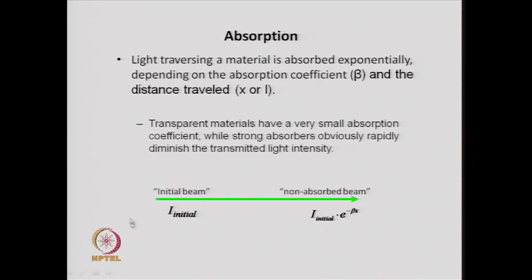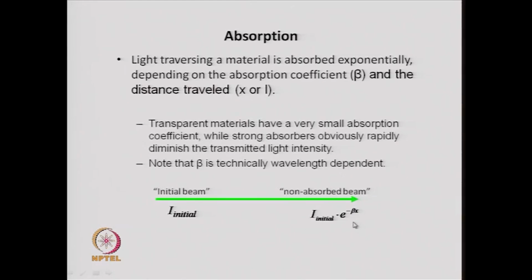The initial beam has an intensity I initial, and the transmitted beam will have this intensity, where you bring in an exponential factor depending on the absorption coefficient and the thickness of the material through which the light is traveling.